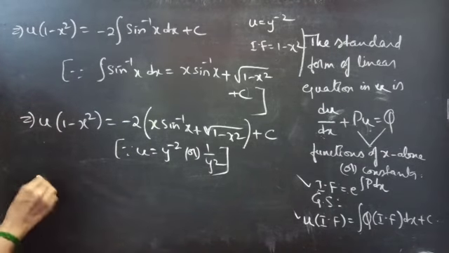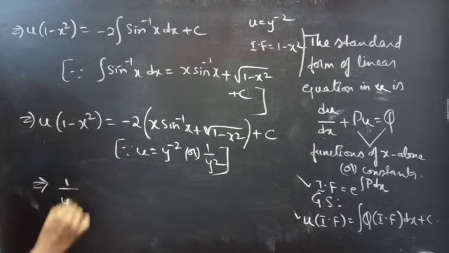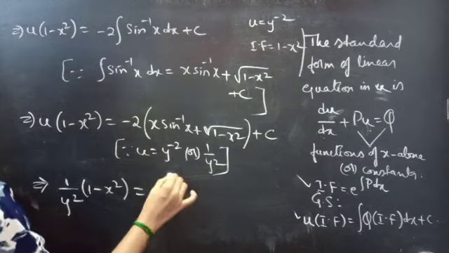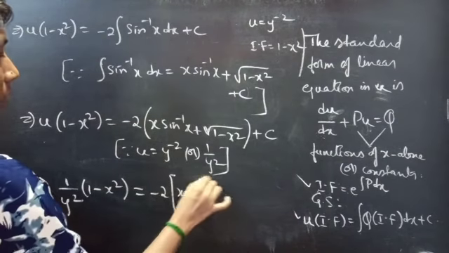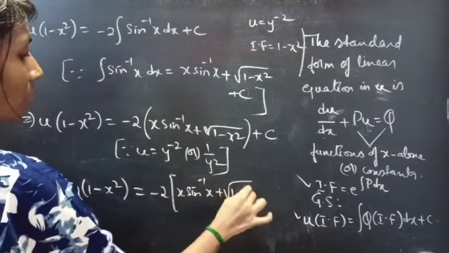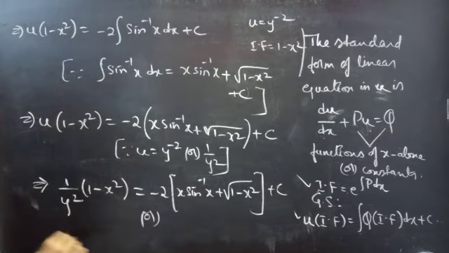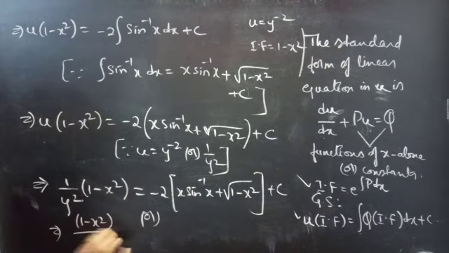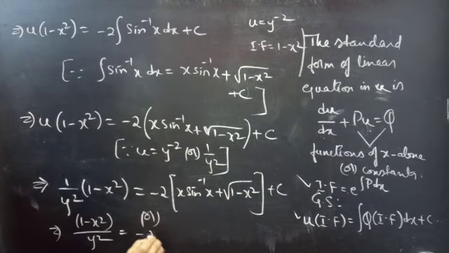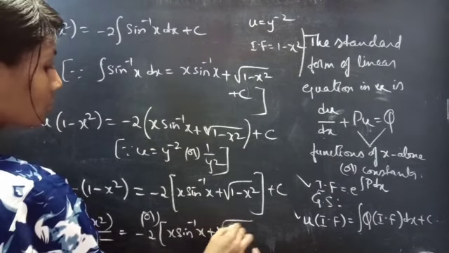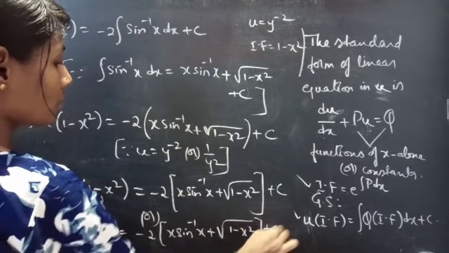Then our required solution will be 1 by y square into 1 minus x square equals minus 2 times x sine inverse x plus square root of 1 minus x square plus c, or 1 minus x square by y square equals minus 2 times x sine inverse x plus square root of 1 minus x square plus c.